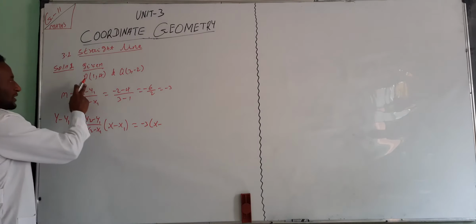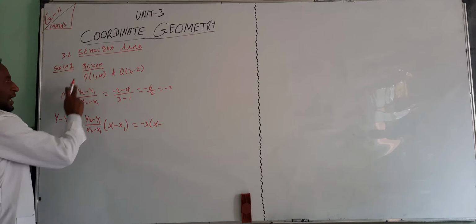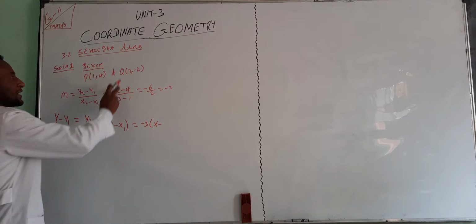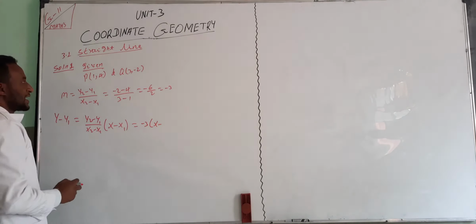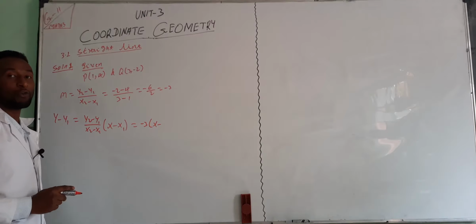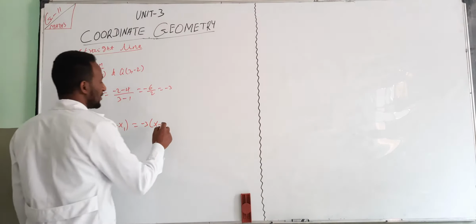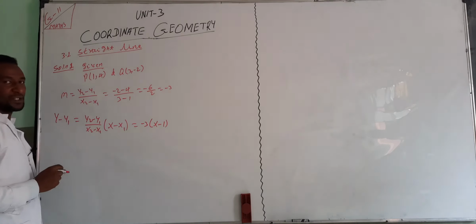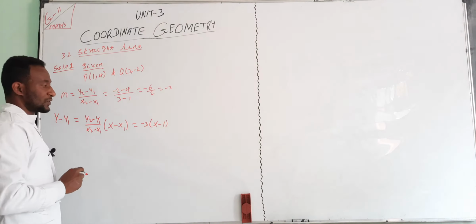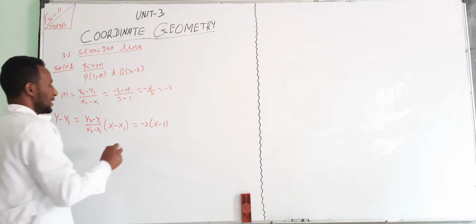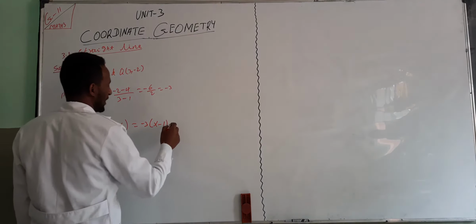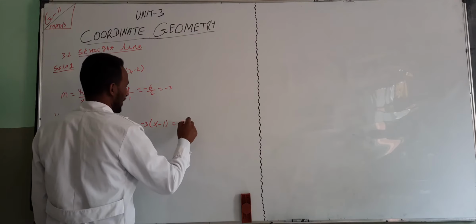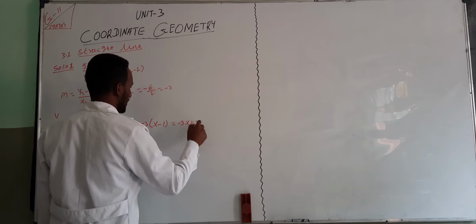When we take P as (1, 4), x1 means the first coordinate of point P, which is 1. Therefore, it becomes -3x plus 3.